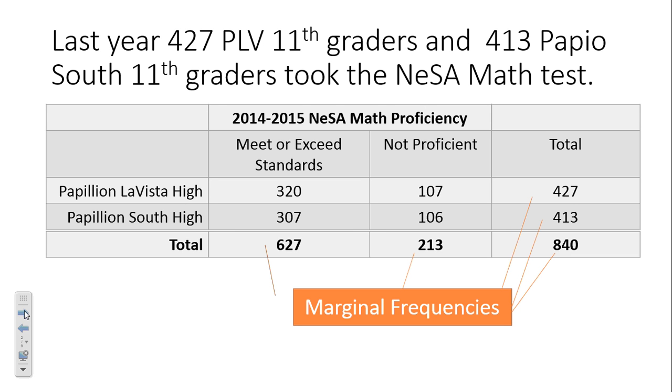And marginal frequencies, I think of the margins as being kind of the edges of the table, and that's where we're putting our totals. Okay. So joint frequencies are counts, right? Marginal frequencies are totals of those counts, totals of that raw data.